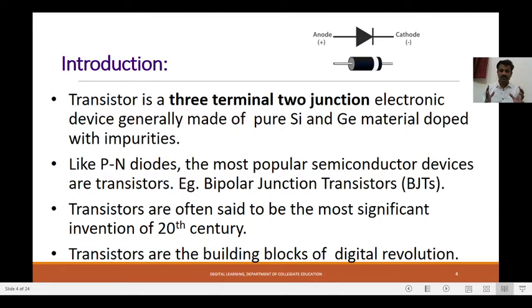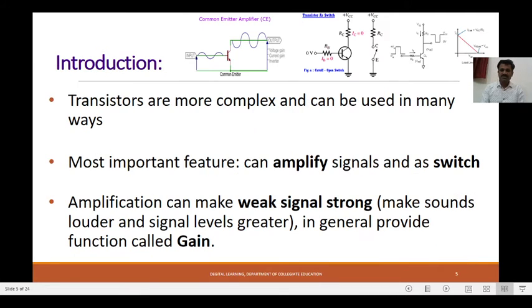Because transistors are the building blocks of the digital revolution. They are more complex and can be used in many ways. Why they are more complex, we will come to know in this session.